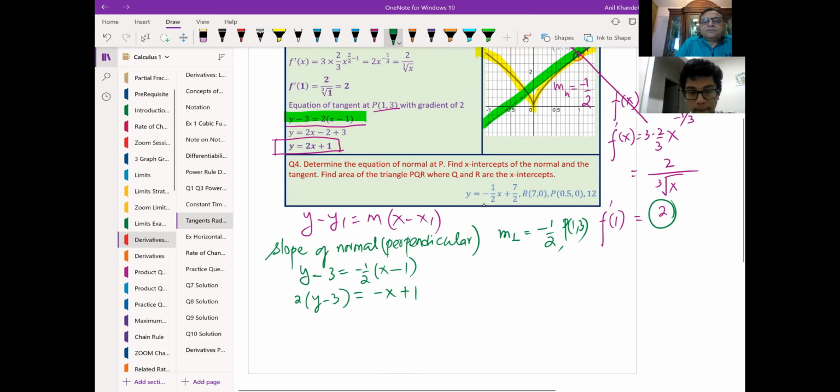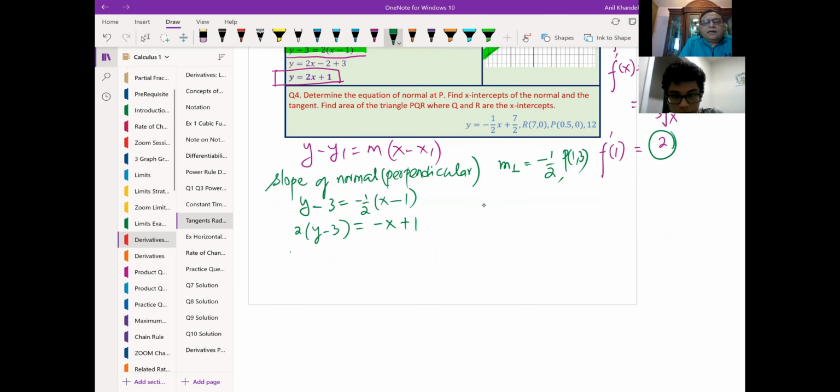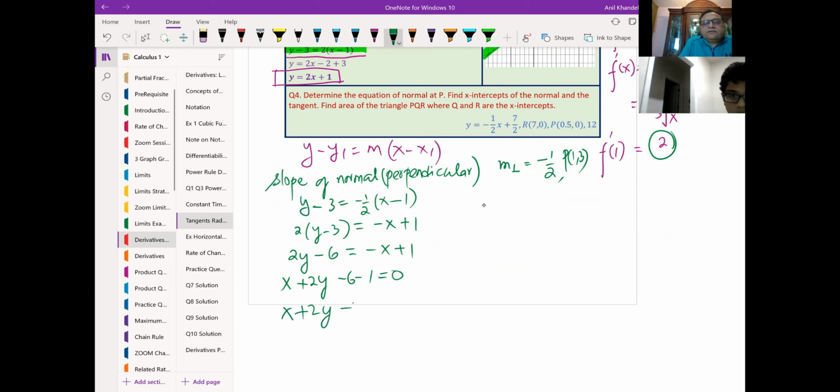Now we can open the bracket, so we get 2y minus 6 equals minus x plus 1. Bring x on this side: x plus 2y minus 6 minus 1 equals 0, so x plus 2y minus 7 equals 0. That becomes the equation of the normal, correct?